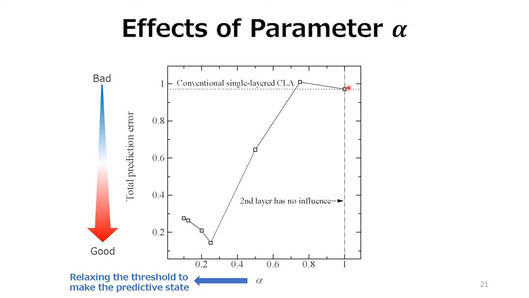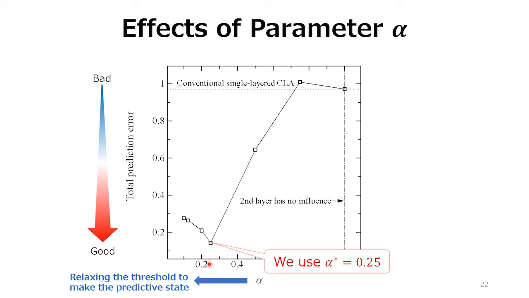From the results, we see that the total prediction error decreases by decreasing alpha from 1. We see that there is the best parameter minimizing the total prediction error. In this case, alpha asterisk equals 0.25.